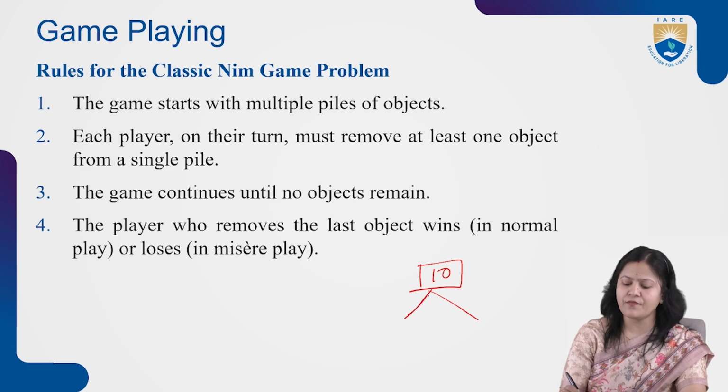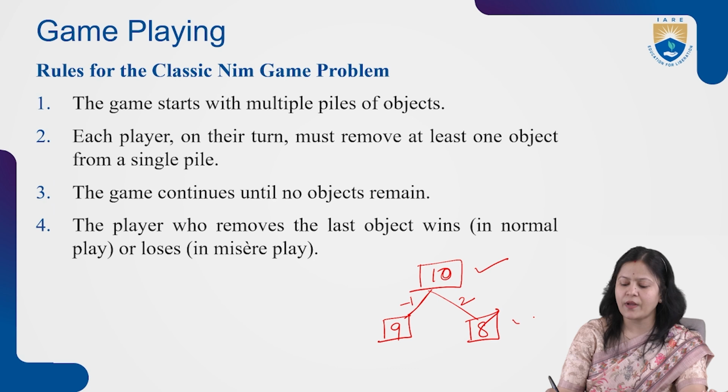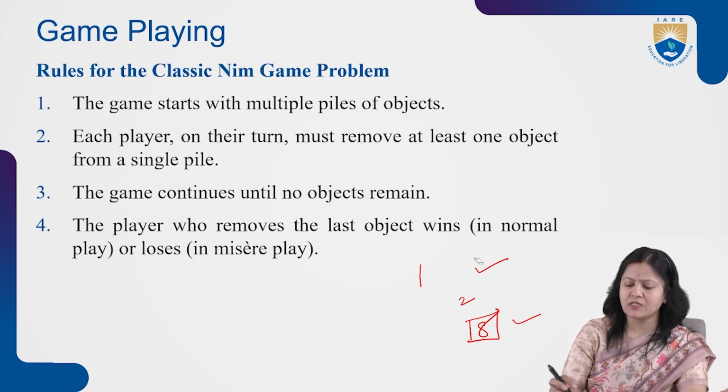If the first player removes one object, then how many remain? It would be 9. If out of 10 it removes two objects, then how many remain? 8. So now the first player's turn is over. The next player has to play in the next level. The same process is followed until all the objects are finished from the pile. That is what the Nim game says.